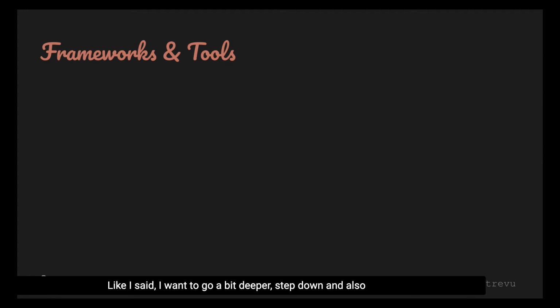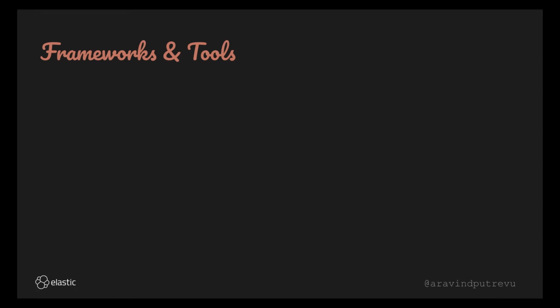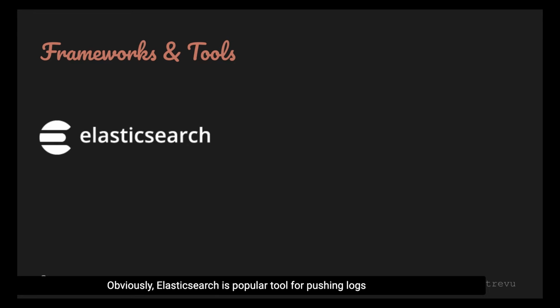Now, like I said, I want to go a step deeper and explain the frameworks and tools that are very, very popular, not the full landscape, but going deep into it. Obviously Elasticsearch is a popular tool for pushing logs, analyzing them, and building log dashboards on top of it.